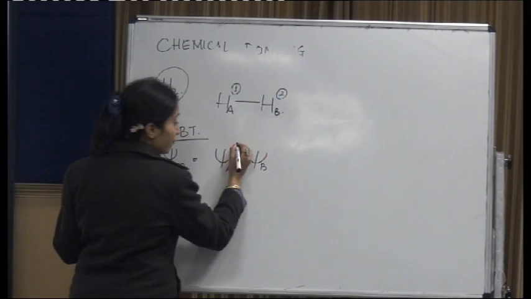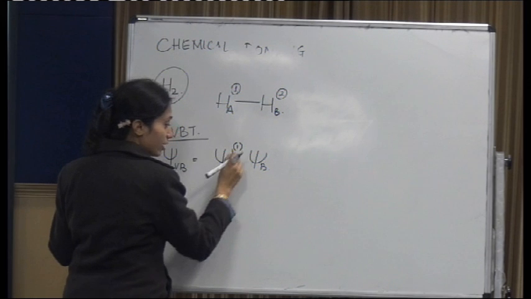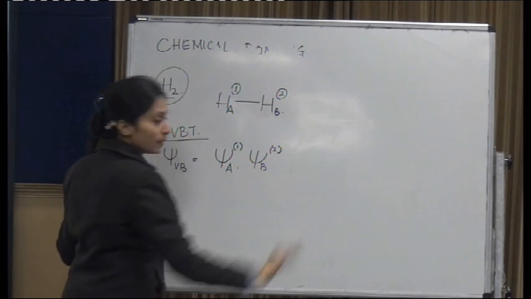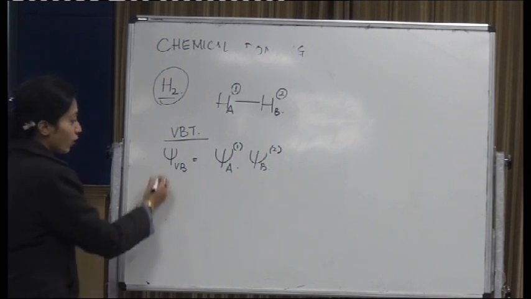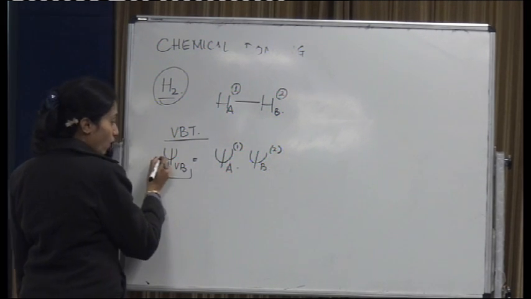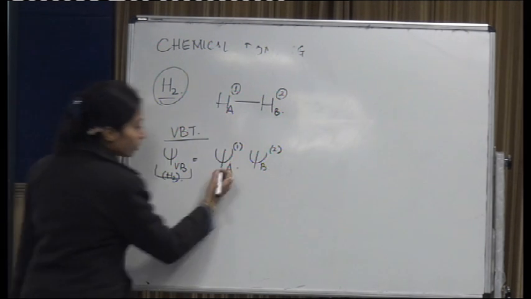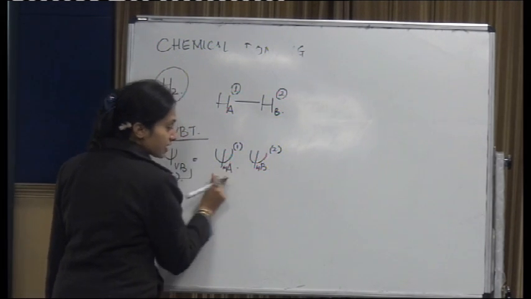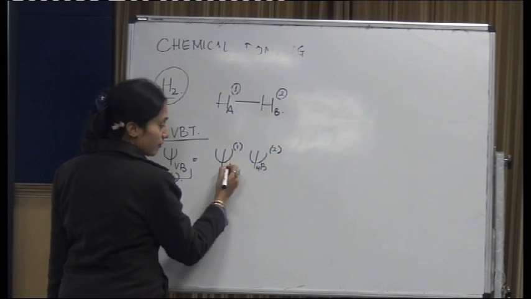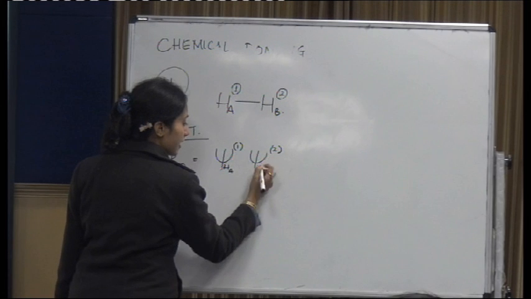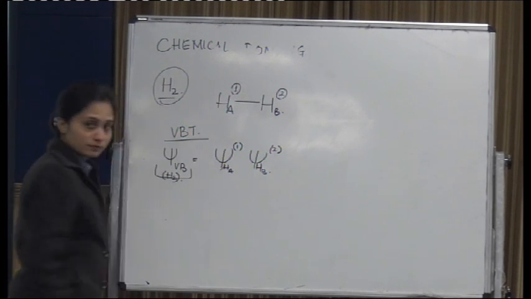And the first electron is associated only with A and the second electron is associated only with B. So this will be your valence bond wave function for hydrogen molecule. And you can put it as HA and HB because this is hydrogen atom A and hydrogen atom B. You can put it like this also, HA and HB. Is that clear to everyone?